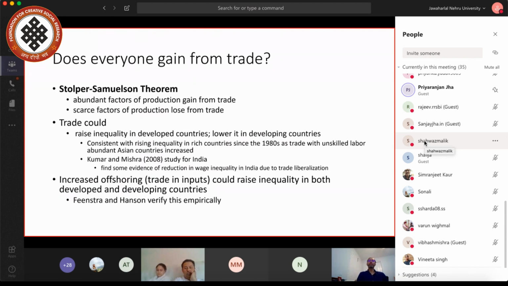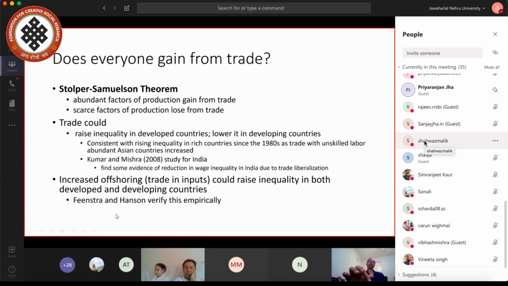And this kind of offshoring, or rise in offshoring, can explain increase in inequality in both developed and developing countries. Increased offshoring means General Motors is offshoring more and more of the production process of cars, and what happens in these cases is that the parts of production which are offshored later tend to be more skill intensive than before, and so the jobs that are coming to Mexico tend to be more skill intensive than before, and that raises the demand for skilled labor in Mexico as well, and so that could explain the rise in inequality there as well.